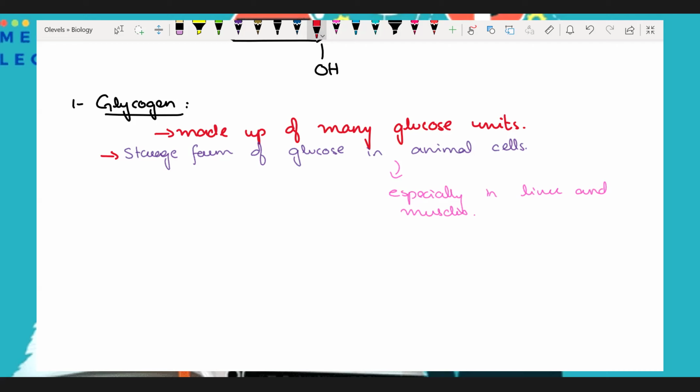Ma'am, to convert glycogen into glucose, we need glucagon, right? Yes. And its structure is highly branched chains of glucose.